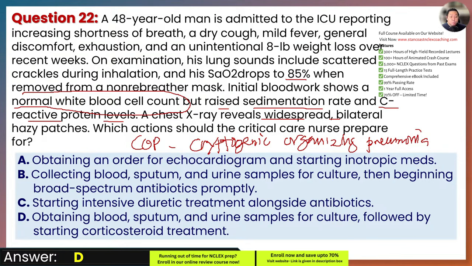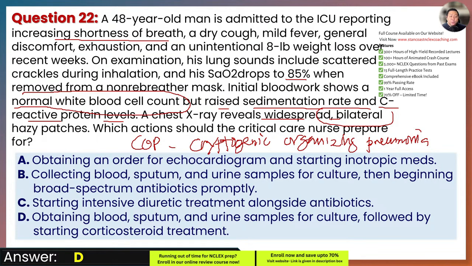There is that worsening dyspnea. Okay? Where is that? Worsening dyspnea, increasing shortness of breath. This means that there is progressive respiratory failure. And the bilateral hazy patches in the X-ray, right? This suggests inflammatory process as well.